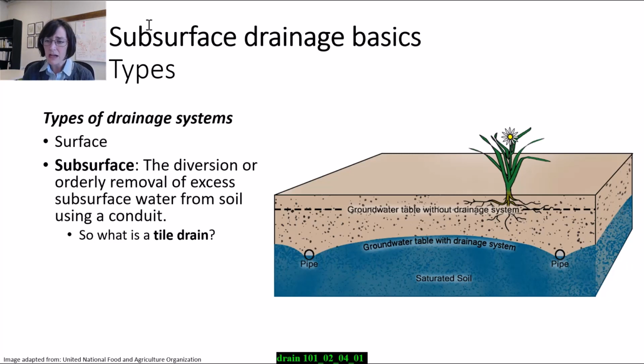So where we have a tight clay layer which creates an impermeable boundary that prevents water from moving downward in the soil. For us, at about 3 or 4 feet down, we have this tight layer that prevents water from moving downward. In that case, we would want a subsurface drainage rather than a surface drainage system, which wouldn't address the issue.